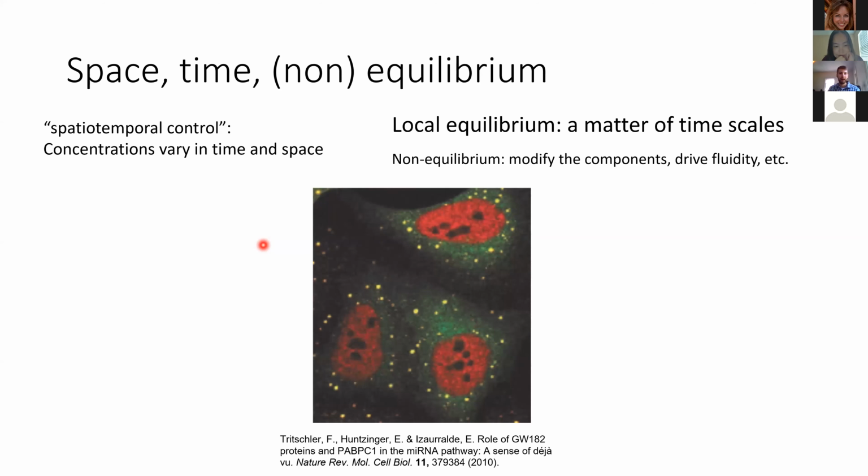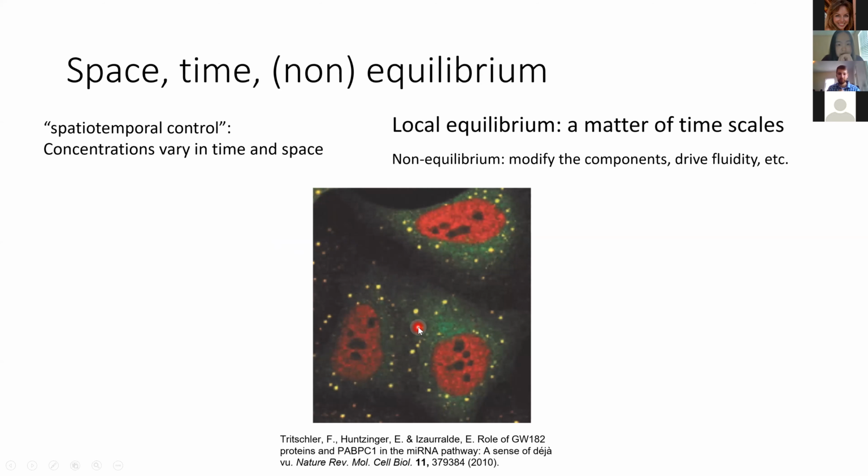Now, people have pointed out very rightly, and you've probably had this drilled into your heads in the summer school, that life is out of equilibrium. If you're at equilibrium, you're dead, right? And of course, cells are constantly growing and dividing and reacting to their environments. This is immediately obvious if we look at these images of HeLa cells, where the little yellow dots are P-bodies, which are membraneless organelles.